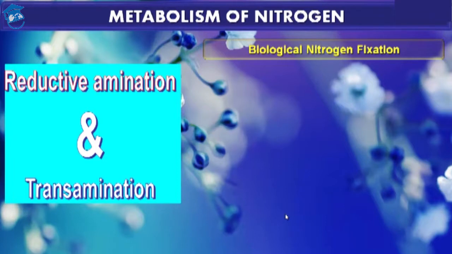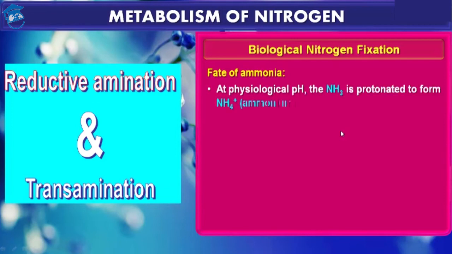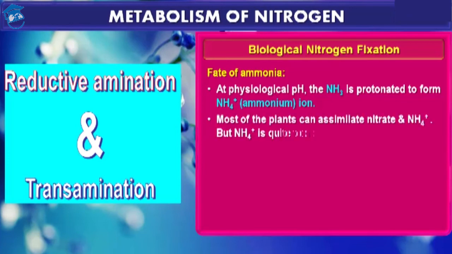Now comes reductive amination and transamination. So what is it, students? Fate of ammonia. At physiological pH, ammonia is protonated to form ammonium ion. While most of the plants can assimilate nitrate as well as ammonium ion, the latter is quite toxic to plants and hence cannot accumulate in them.